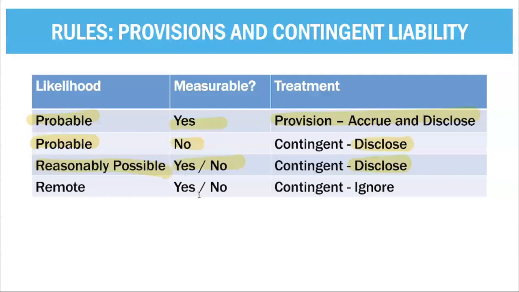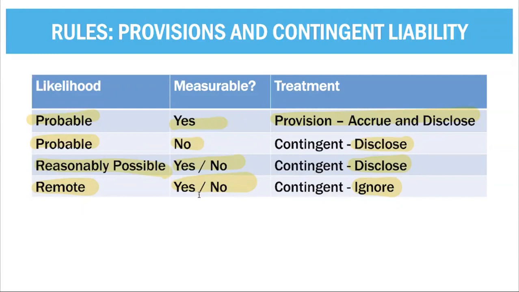And once it is remote, whether or not measurable, you ignore. Okay, so the rules, once it is probable and you can measure it, you accrue and disclose. Once it is probable but not measurable, you disclose. Once it is reasonably possible, whether or not measurable, you disclose. Once it is remote, whether or not measurable, you ignore.